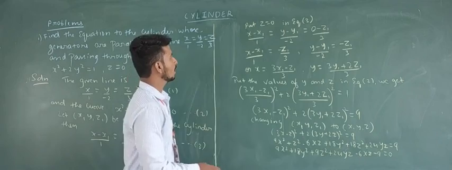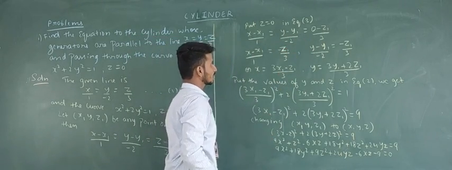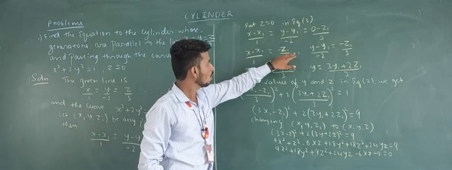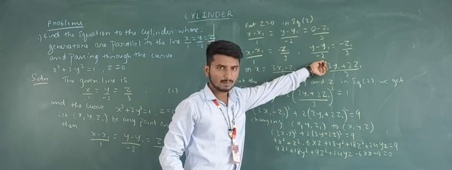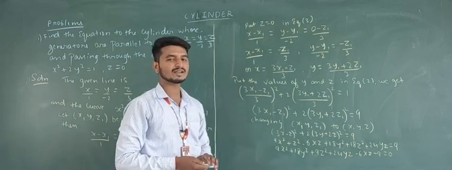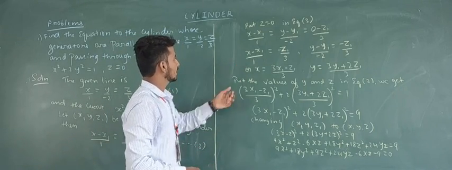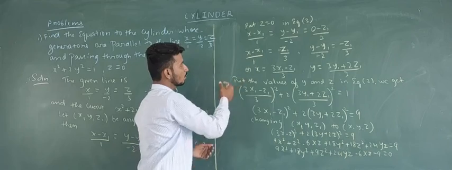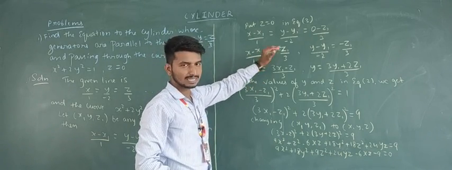Next we compare the first and last, and the second and last. That gives (x - x1)/1 = -z1/3 and (y - y1)/(-2) = -z1/3. We want the values of x and y, so we take x1 and the 1 to the RHS.